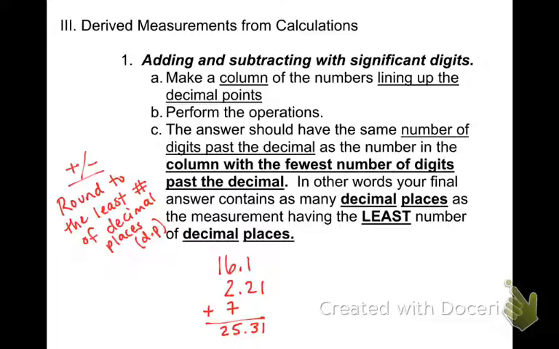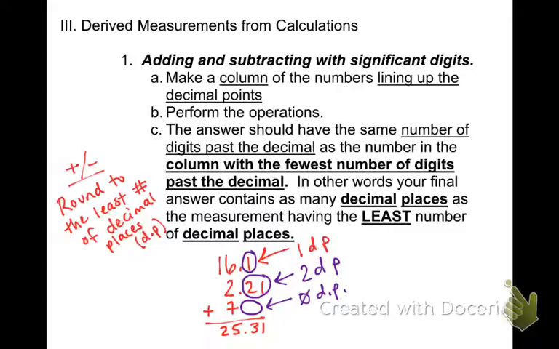If we take a look, though, our first number, 16.1, contains one decimal place. 2.21 contains two decimal places, so two numbers past the decimal. And 7 contains 0 decimal places, which means our answer must contain 0 decimal places.